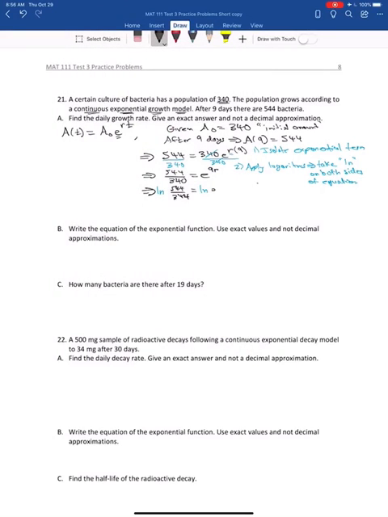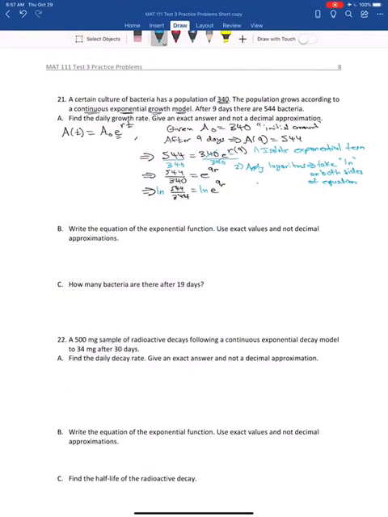I can take any log I want on both sides as long as it's the same base. But the reason I'm doing log base e is because I'm dealing with my natural number e in my exponential. So it allows me to use my composition property, or same base property, that we learned in our log properties section. So let's simplify now.